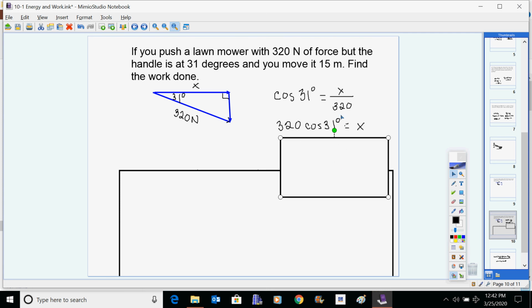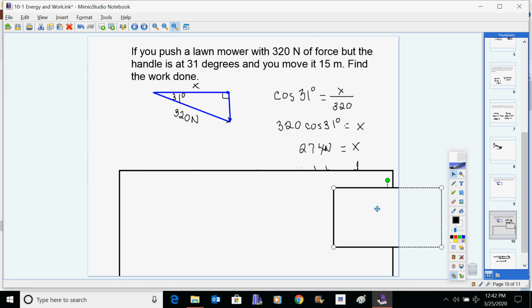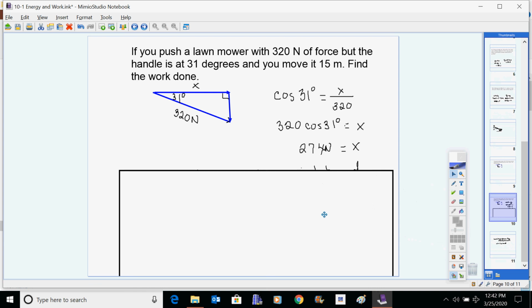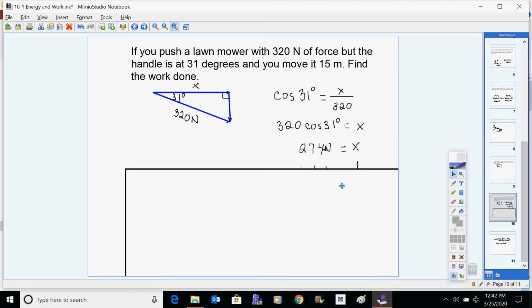In order to solve it, just move that over. Make sure your calculator is set to degrees rather than radians, especially those that are also taking Algebra 3, because we're in radians now in Algebra 3. So 320 cosine 31, we get about 274 newtons. And the object is moving to the right in this particular picture, so that is our amount of the force needed.